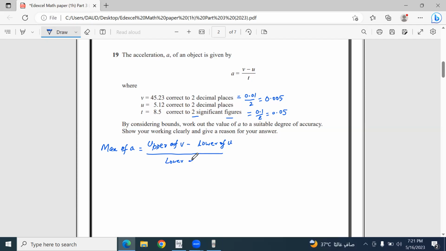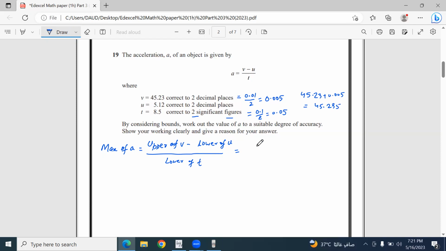So if we try to figure it out, the upper of v means 45.23 plus 0.005, that gives us 45.235.